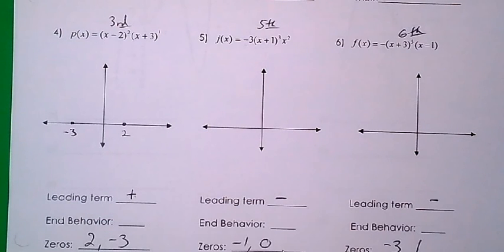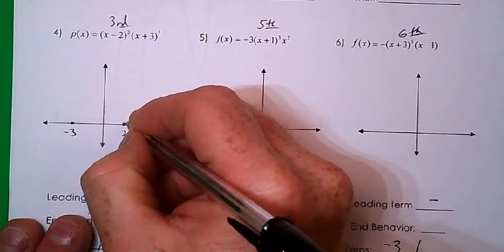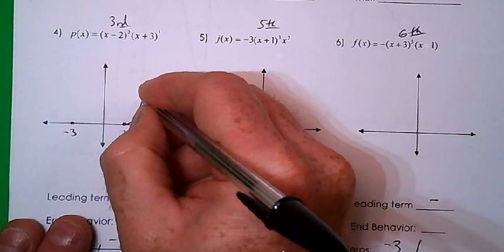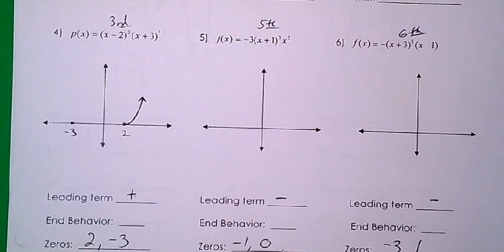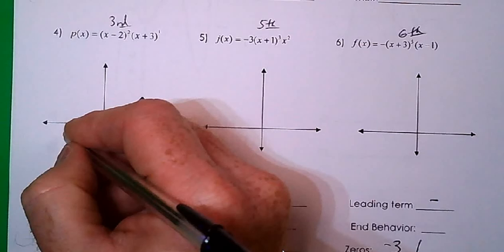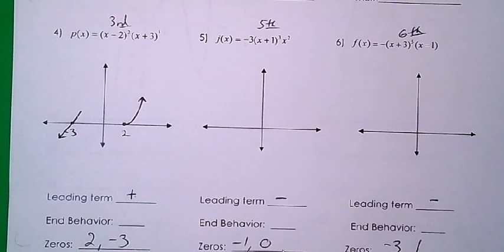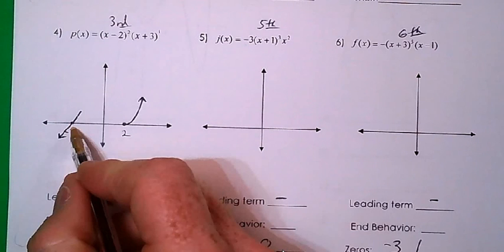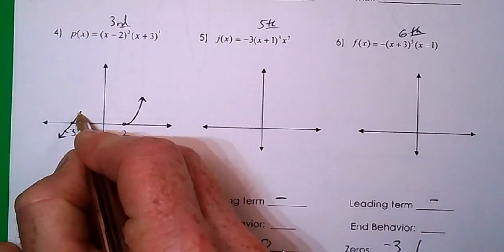So on the 2, I know it's going to be curving up like a parabola. On the left side, we've got first degree multiplicity, so it goes straight through it, like a line. So from this straight line here, I'm going to curve it, and then it's going to bounce and go back up.